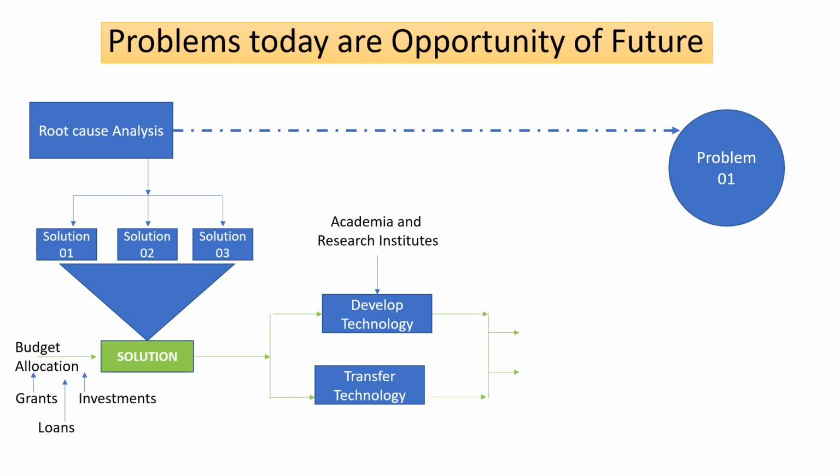And what will happen when you either develop the technology or transfer the technology? You will be building local human resource capacity regarding either developing or transferring the technology which is solving your problem.